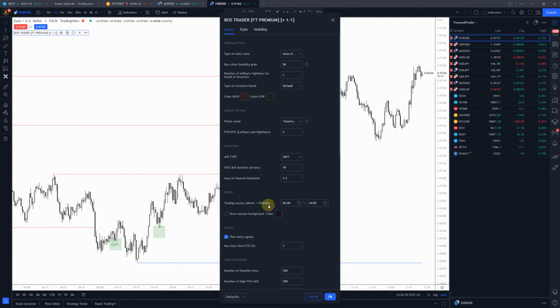So if you want to receive alerts, you can specify the session you want to receive alerts for in the specific time frame, which is crazy, right? This is really cool stuff, because sometimes you will be able to trade just on evenings, sometimes you will be able to trade just mornings, I don't know, but you could set it according to your needs.